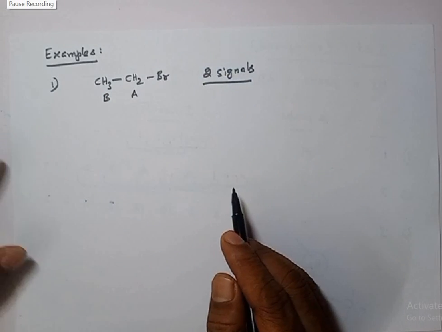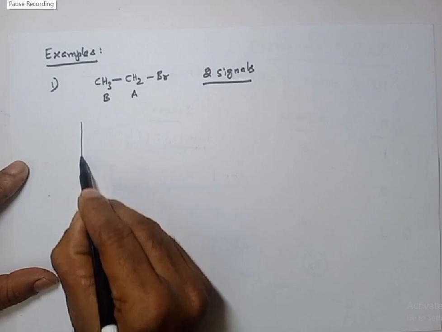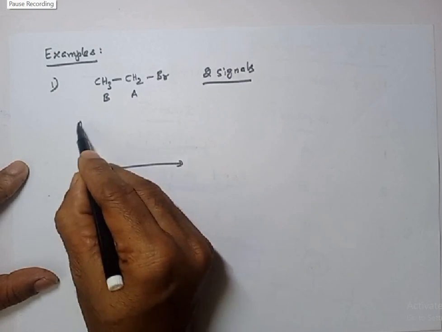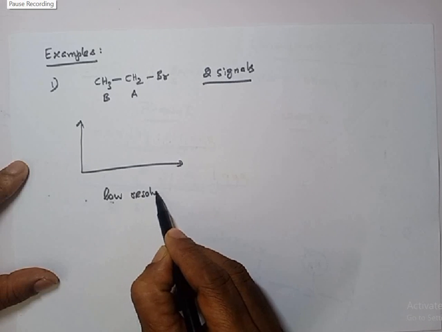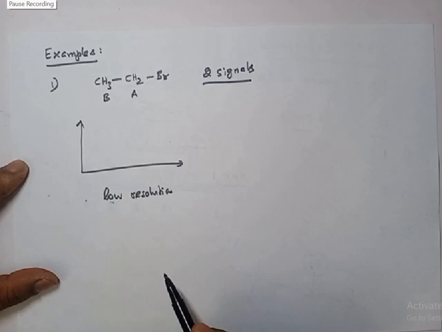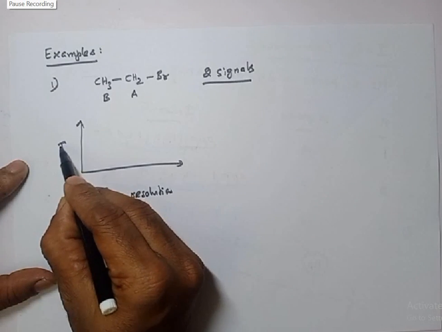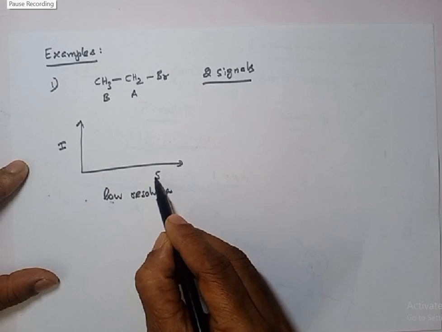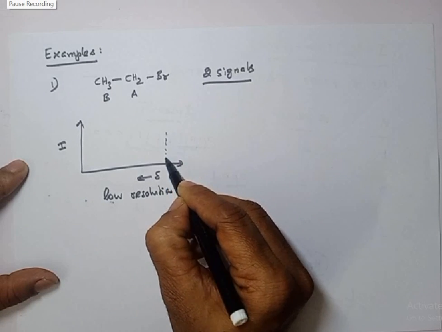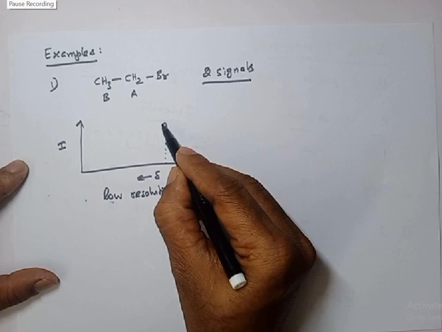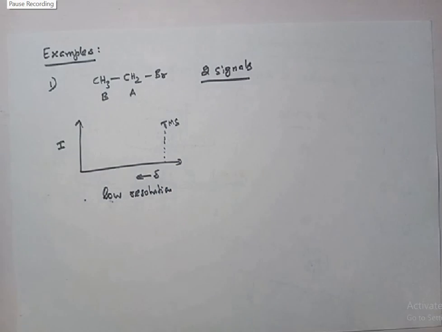Now, how will splitting occur? See, in the low resolution NMR, where we plot intensity and chemical shift, this is TMS. We usually won't show TMS, but just for understanding purposes, I'll show it.